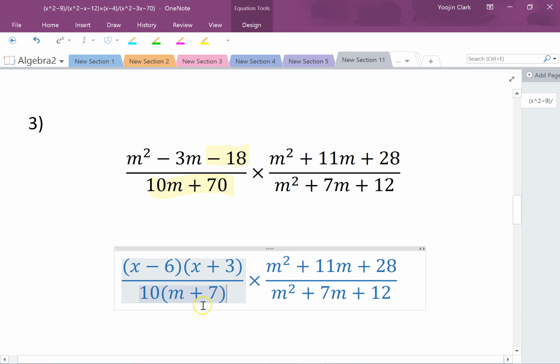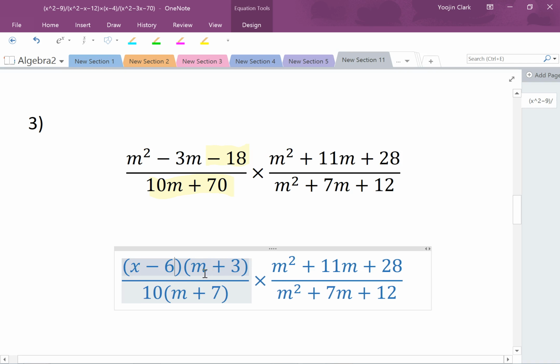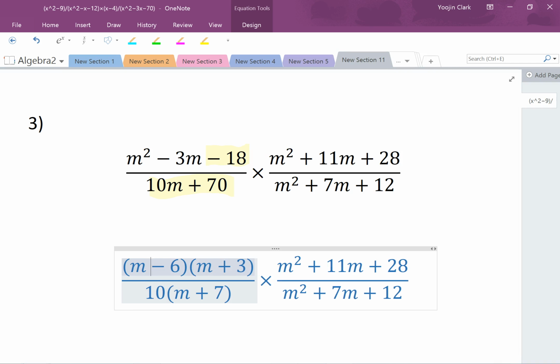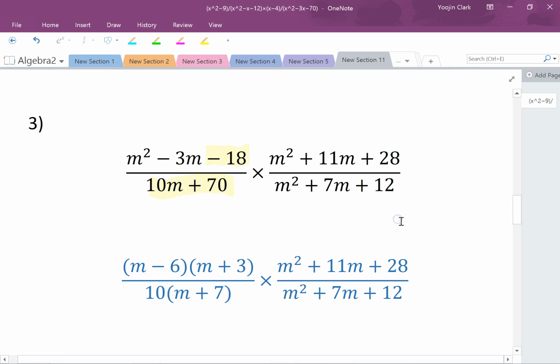Switching my variables here, so I better put them in. The m's, not x's. Alright. 2 factors of 28 that add to 11. Well, 4 times 7.